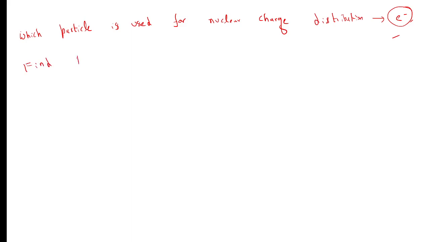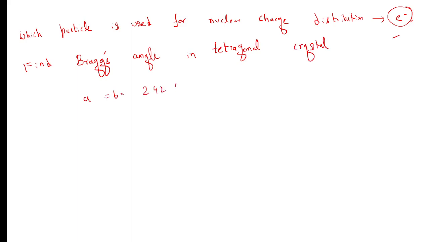Find Bragg's angle in a tetragonal crystal. Values of the parameters are given like this, and lambda is also given.